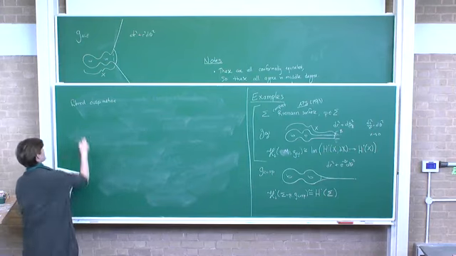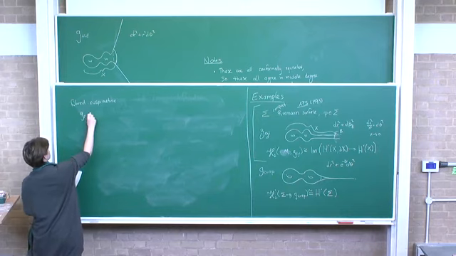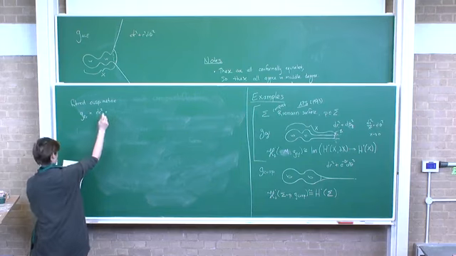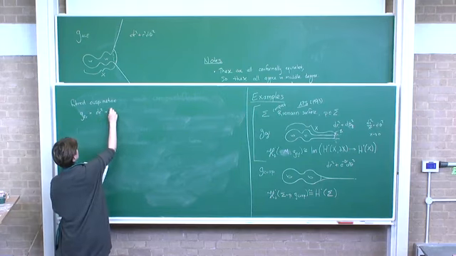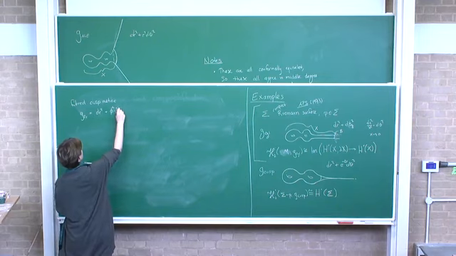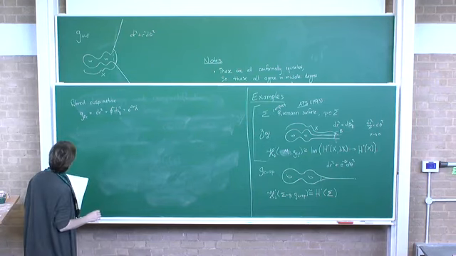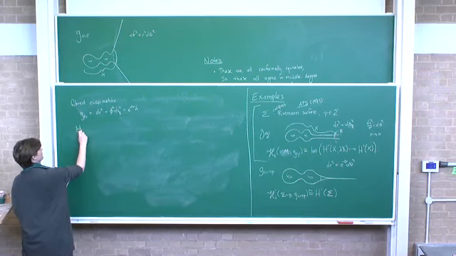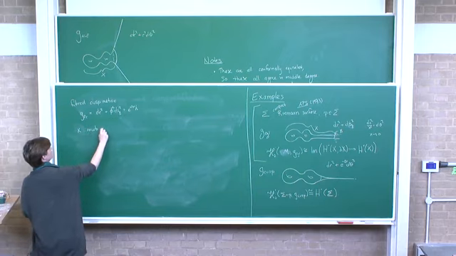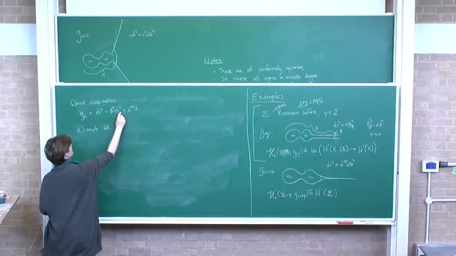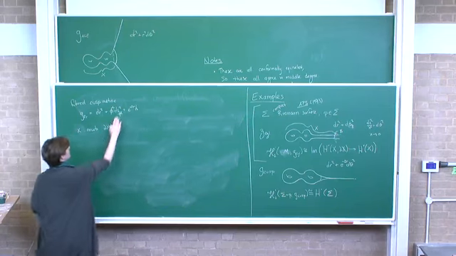Right, and so that's something of the form... Okay, so now we've got a manifold with a boundary, or let's say X is a manifold with boundary. No, that's not right, sorry.